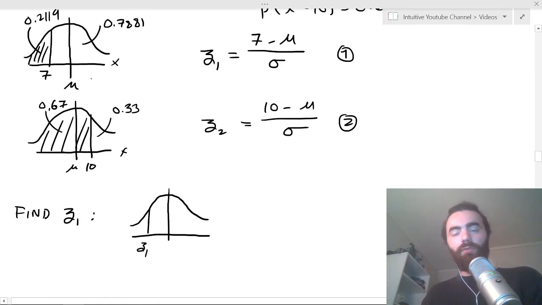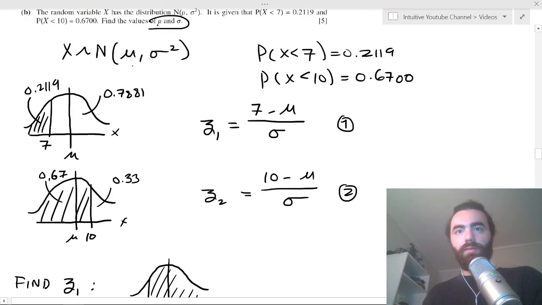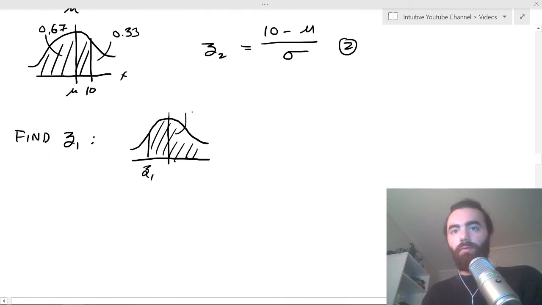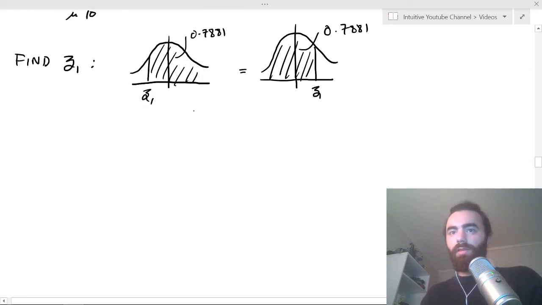So if you wanted to find z1, because this area here is 0.7881, you can say this is the same as another z from the table, because it's symmetric. So if we find this z, we can then find that z.